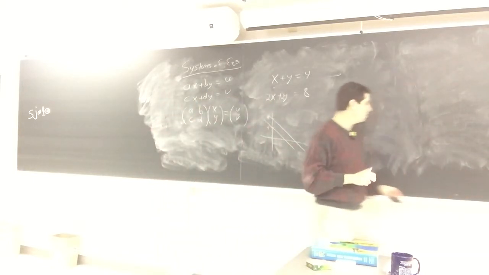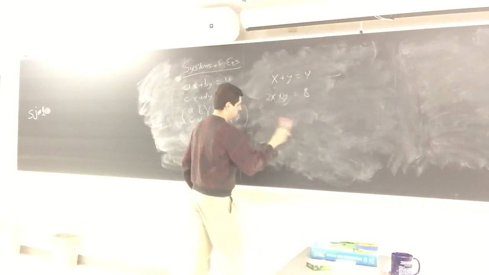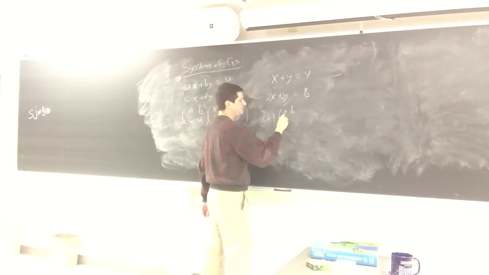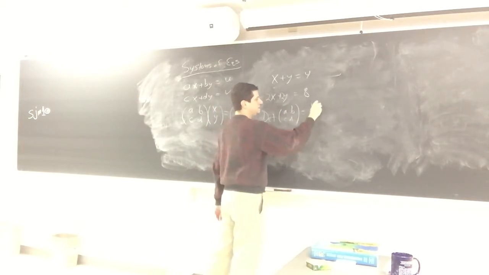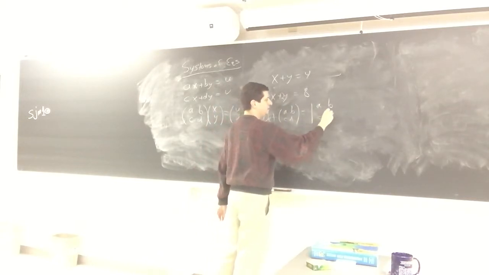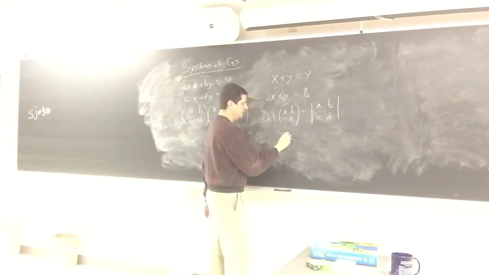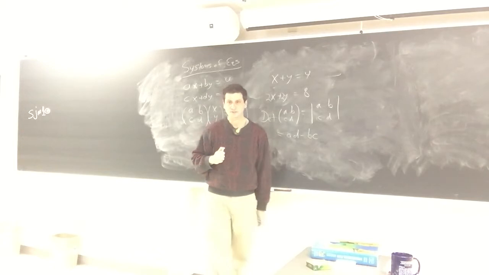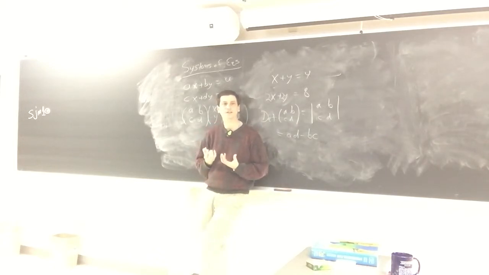And the determinant of a 2 by 2 matrix, the matrix A, B, C, D, we often write that as A, B, C, D with big vertical lines, is AD minus BC. I can define anything I want in mathematics. The question is, when is this useful?